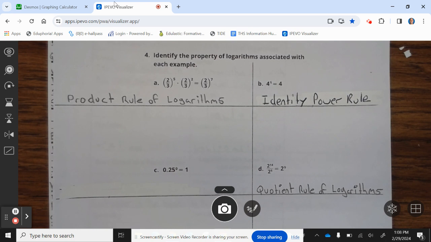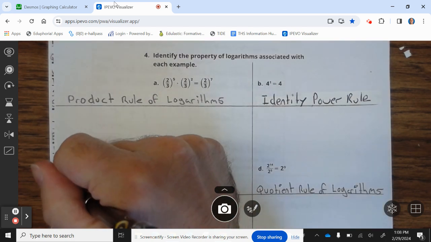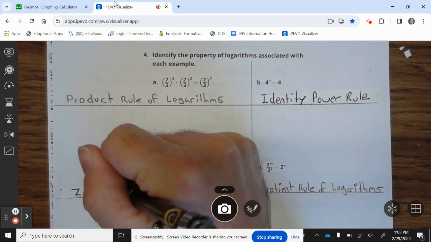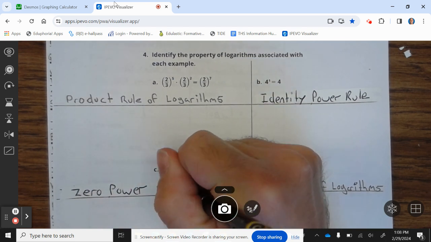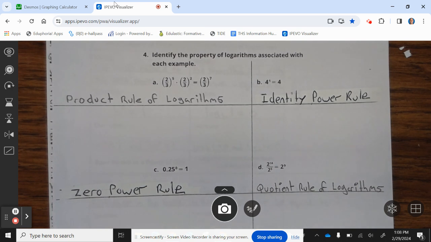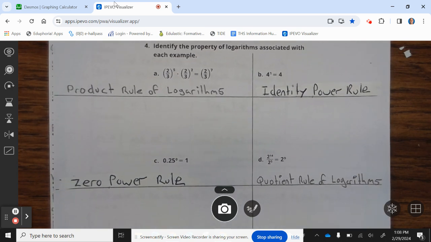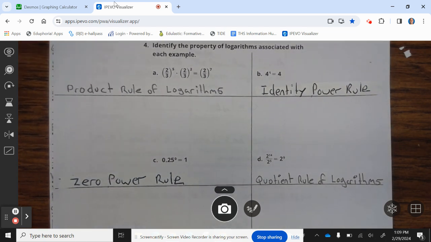And this is the zero power rule. I apologize for the mistake, but it is corrected now. All right, with that fixed, let's move on to the next page.